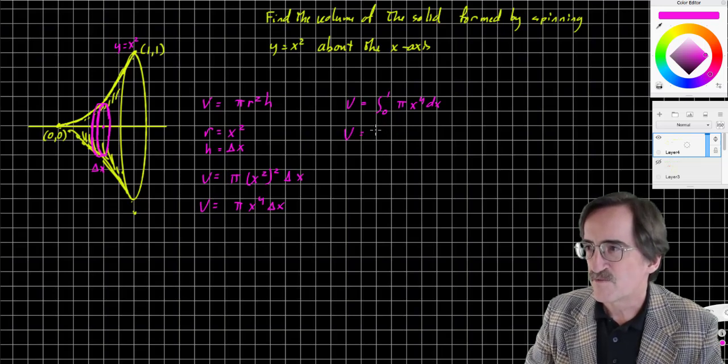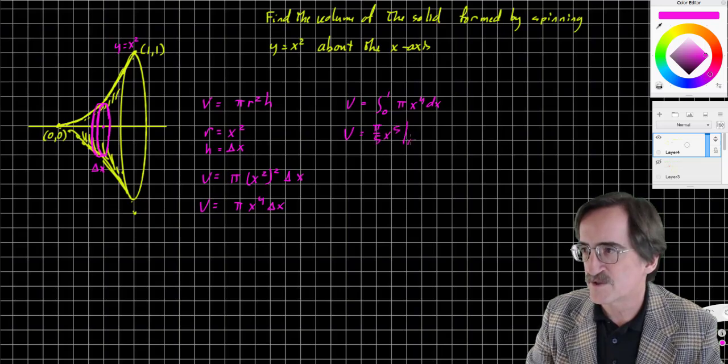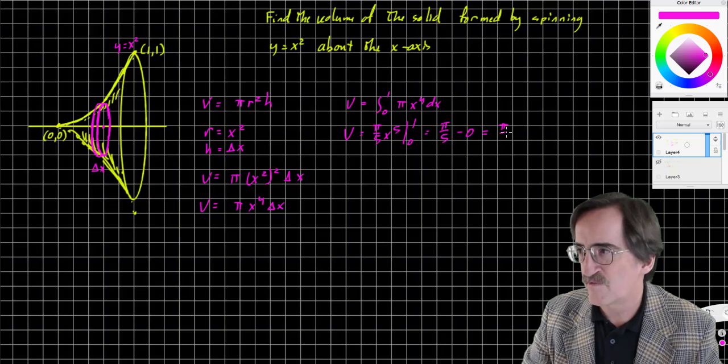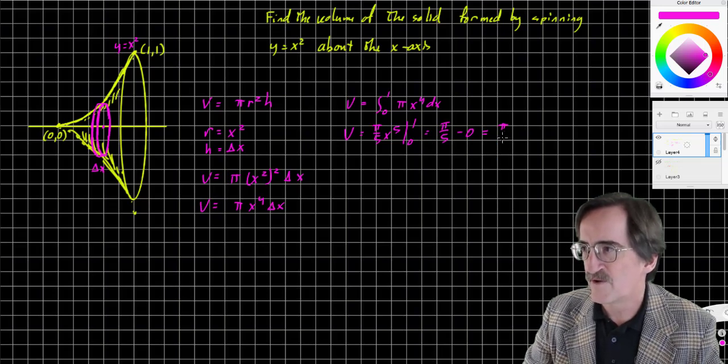X to the fifth over 5, so pi over 5, x to the fifth from 0 to 1. 1 is real easy. It's just pi over 5. And 0 is really easy, minus 0, so it's just pi over 5.